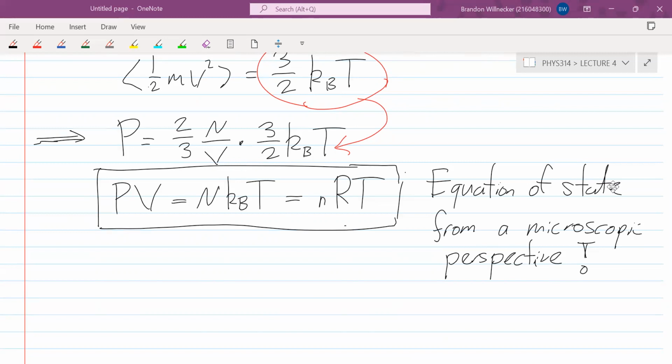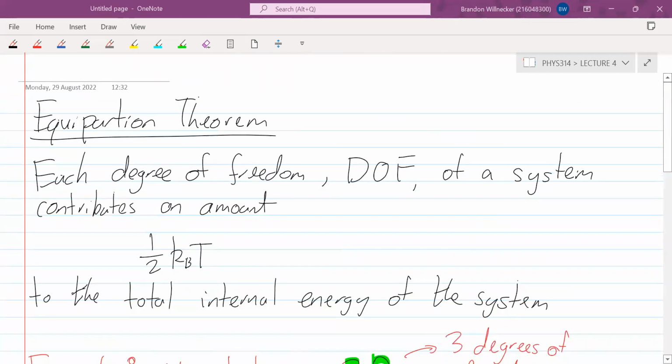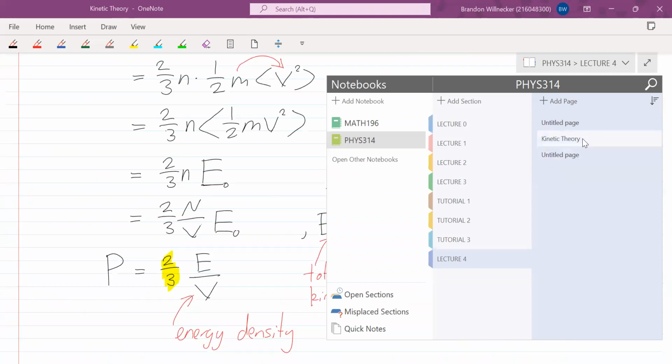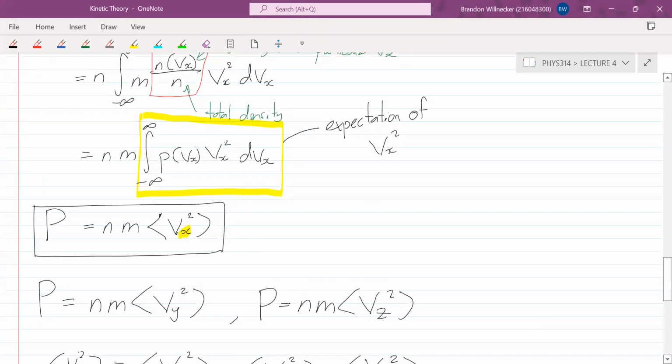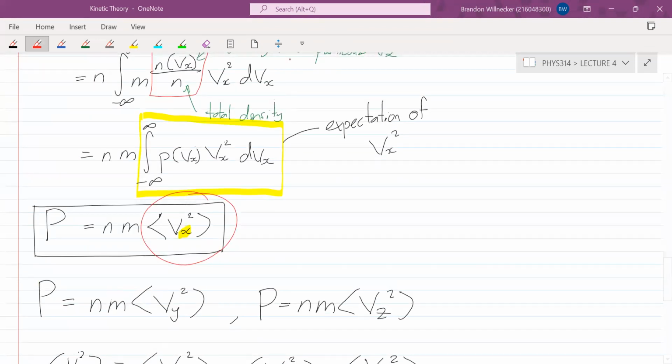Okay, so if I just go back here, sorry, on the previous page. Here we go. This bit over here, this expectation of the velocity squared. We never actually calculated what this expectation is. We just left it as an expectation value, or in other words, we left it as an average, and we did all our working using that.